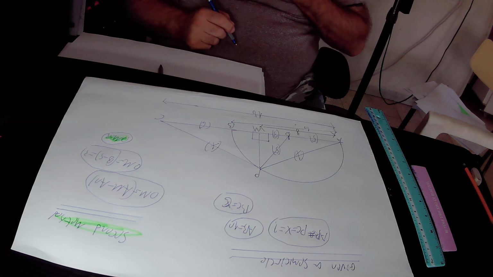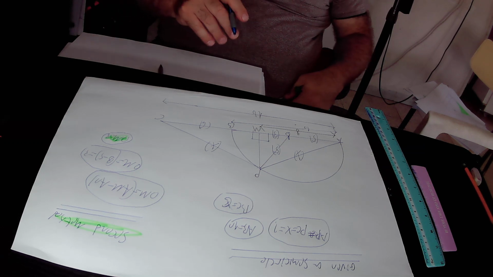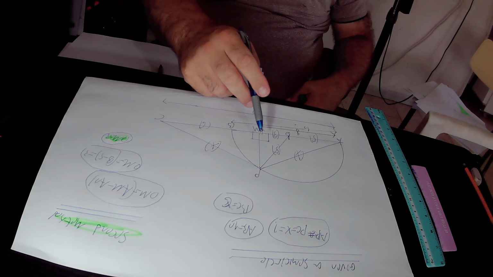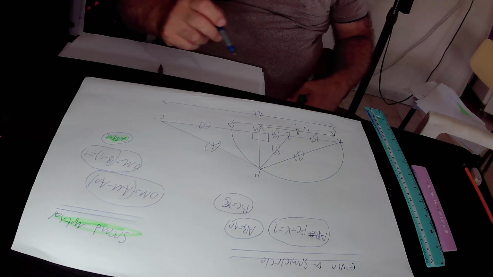In the next step, we will implement the Pythagoras theorem on the right small triangle POM.